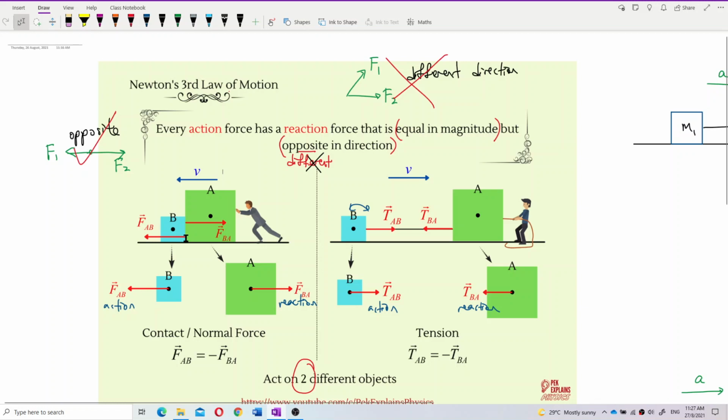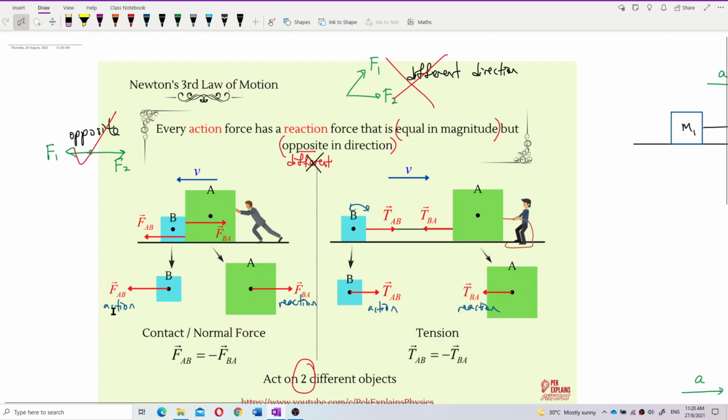Okay. When the person pushes block A, block A also pushes block B. The sentence I say, that block A pushes block B, is the action force. So block A pushes block B with this force FAB. That's called the action force.